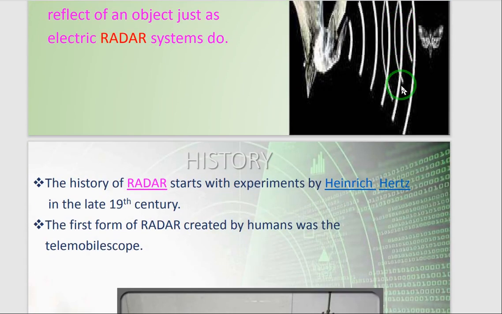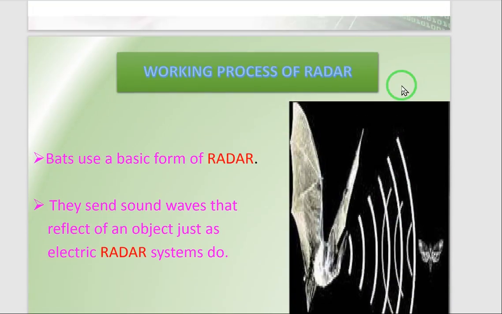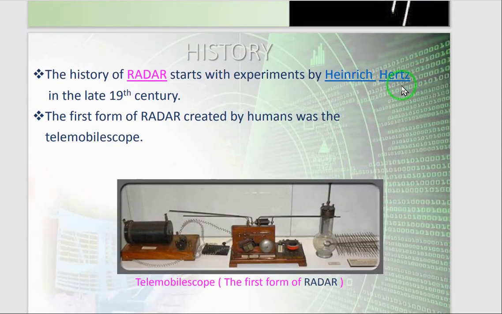Okay, the history. The history of radar starts with experiments by Heinrich Hertz in the late 19th century. The first form of radar is shown here in the diagram below. That is the telemobiloscope, the first form of radar.